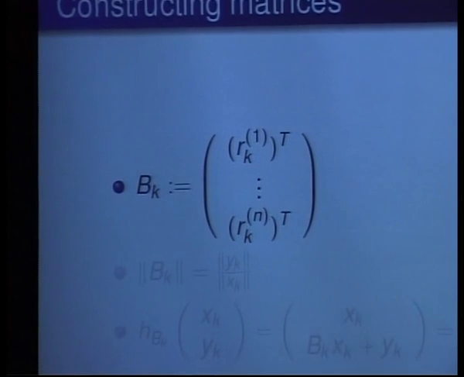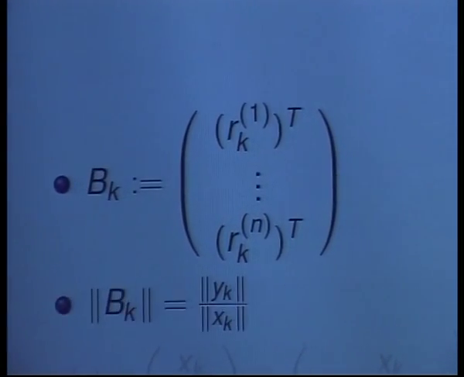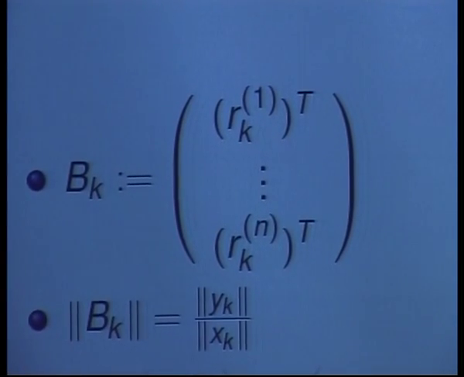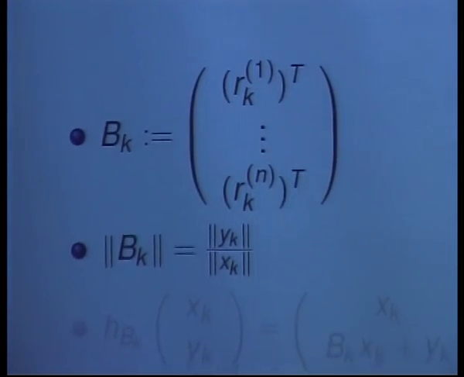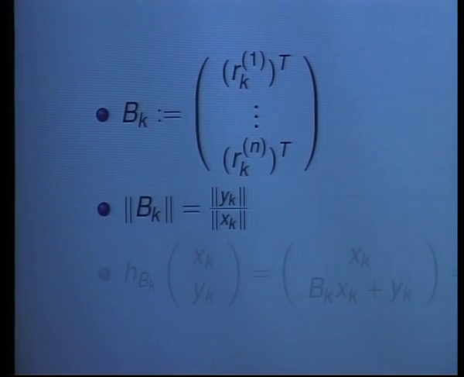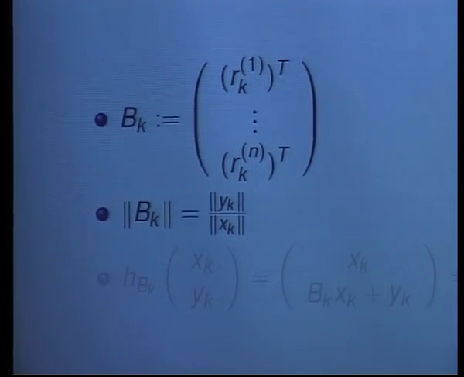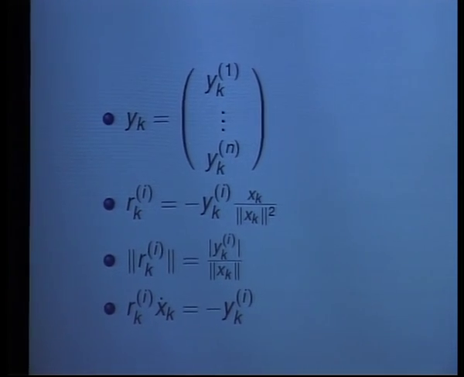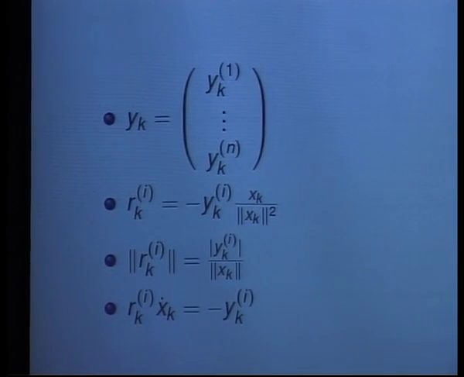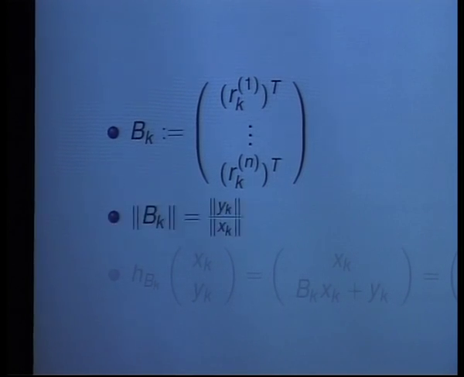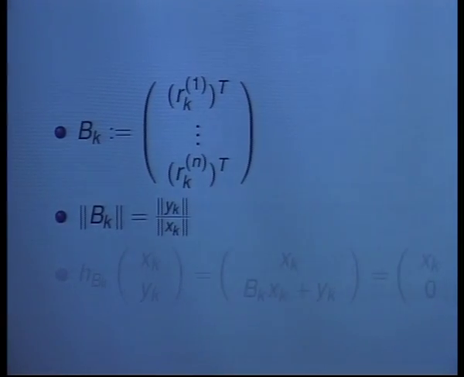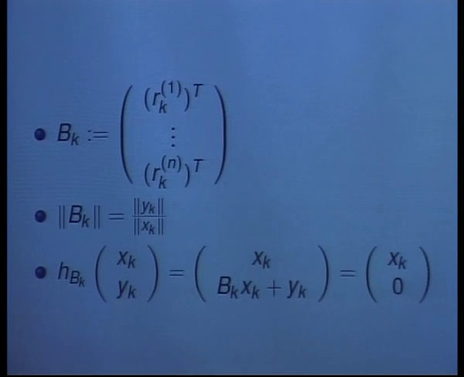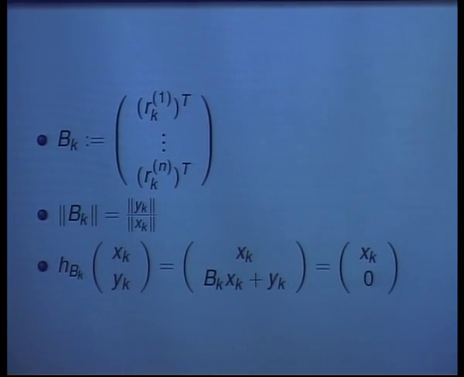So B has n rows and m columns. The r's are in Rm. Now notice the L2 norm of B is just yk over xk now, right? Because the L2 norm of the ith row was yki. Add them up, I'm taking the L2 norms, I get yk over xk. And let's call that thing s sub k.